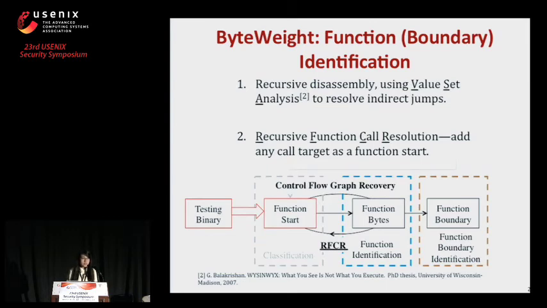For control flow graph recovery, we use recursive disassembly, and we're using value set analysis to resolve indirect jumps. And then we have recursive function call resolution. Basically, it adds any call target as a function start back to our identified function start set. We do this iteratively until stable.